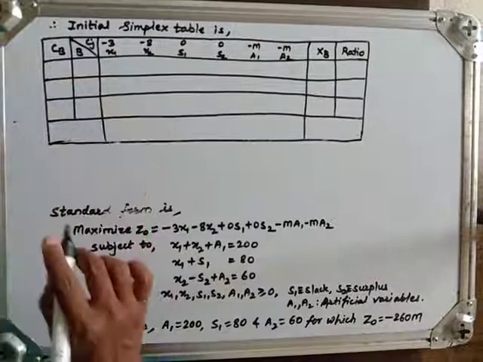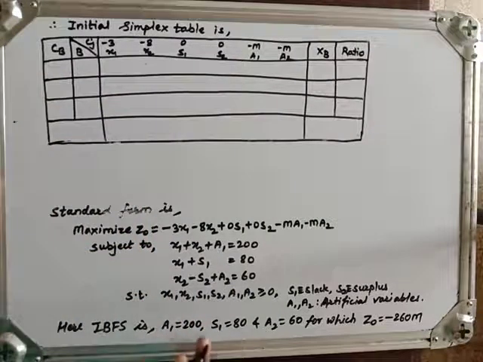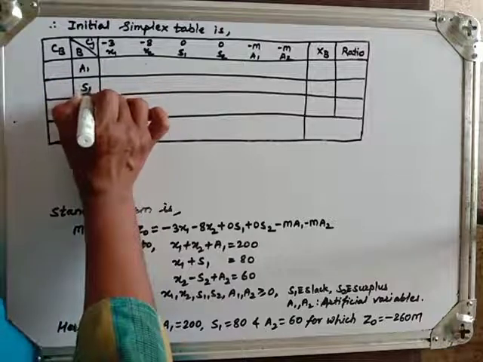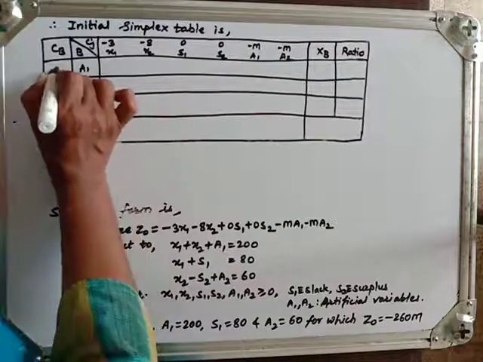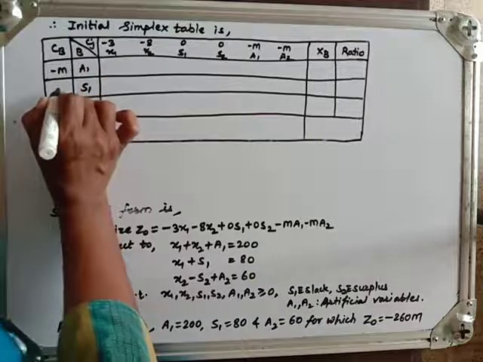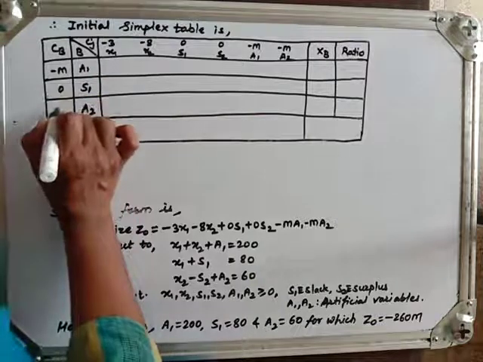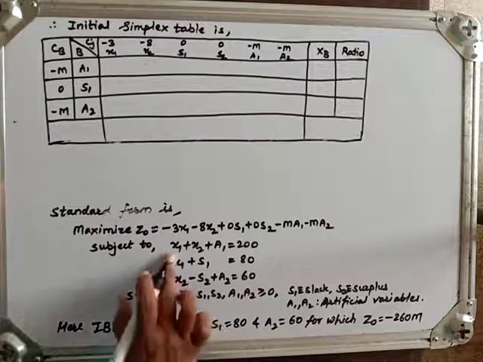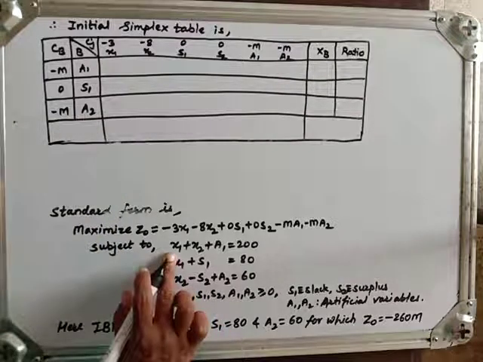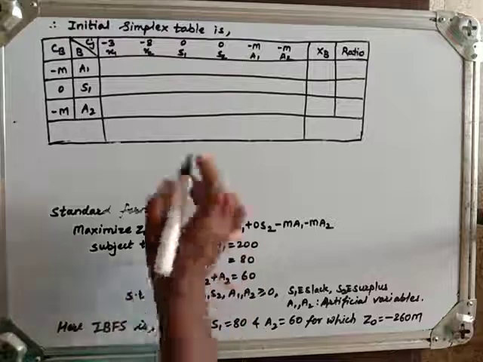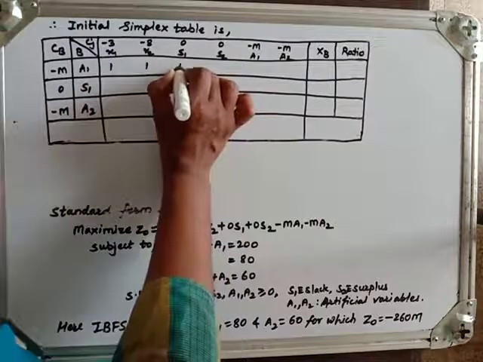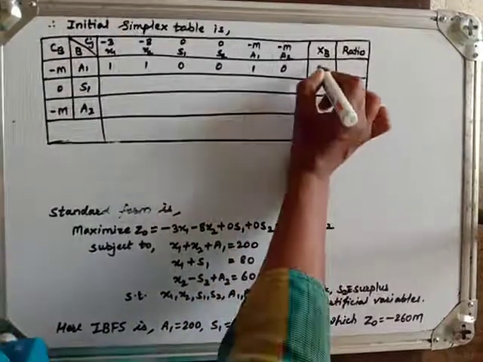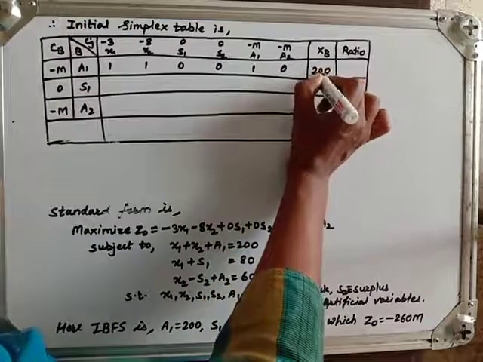Here the basis variables are which ones? a1, s1 and a2. a1 has coefficient -M in the objective function, s1 has 0 and a2 also has -M. Now the coefficients of these variables in each constraint: in the first, 1, 1, s1 is absent, s2 is absent, a1 is present with 1, a2 is 0, and the right-hand side is 200.